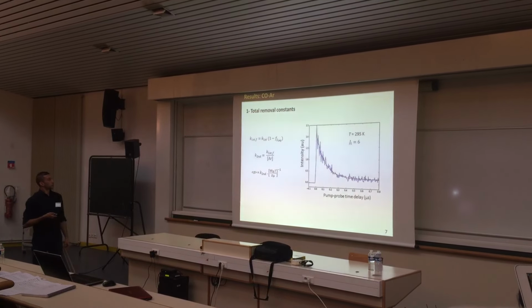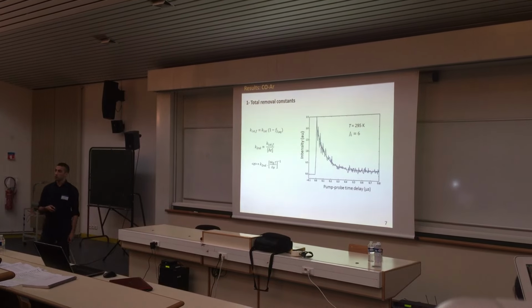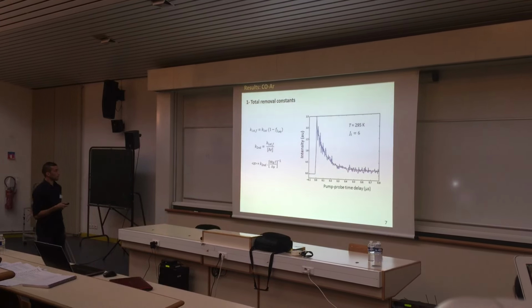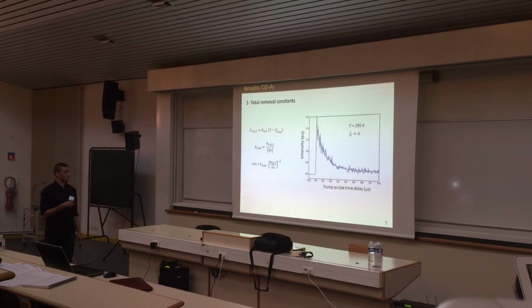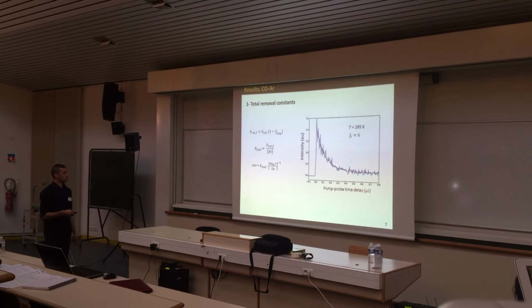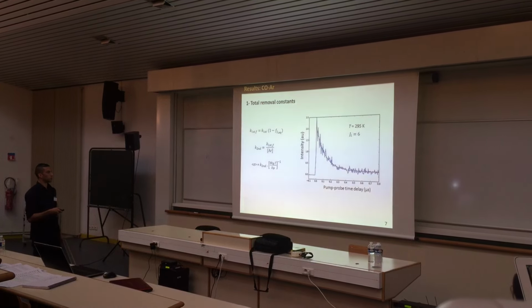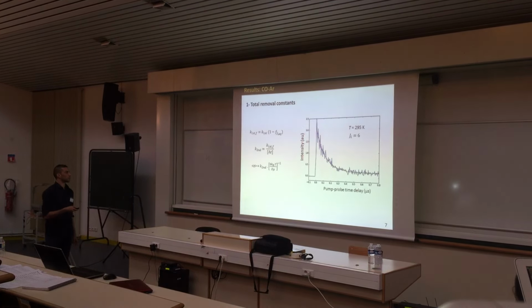So I start with the CO-argon system, which is a good system for understanding intermolecular forces. Here is a typical result of total removal constants at room temperature for an initial rotational state J equals 6. Here is the time delay between the pump and the probe, and here the intensity.